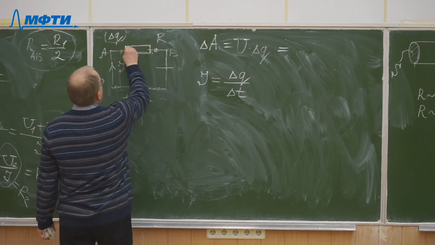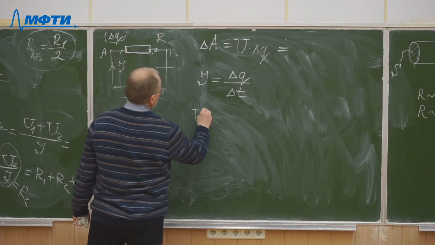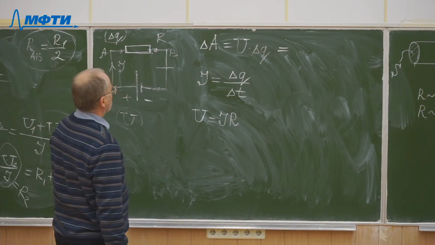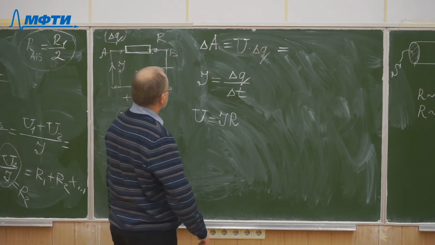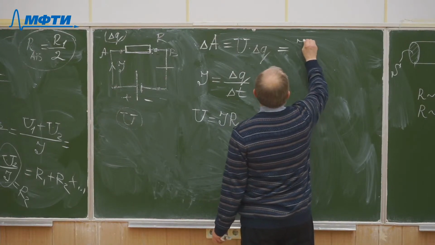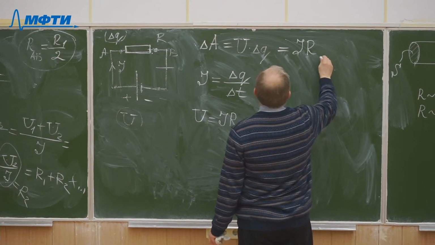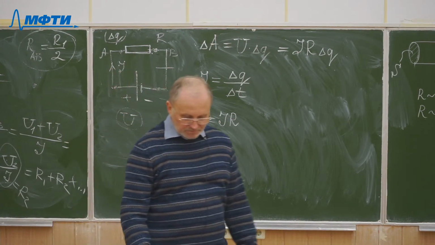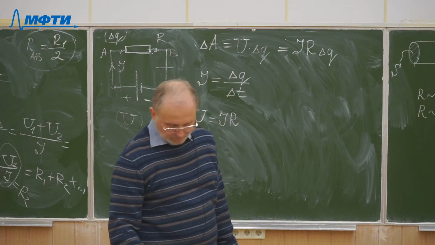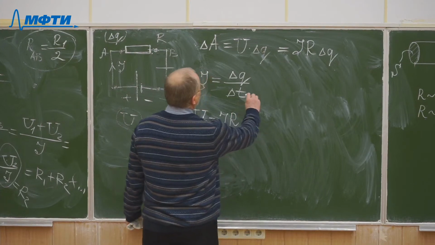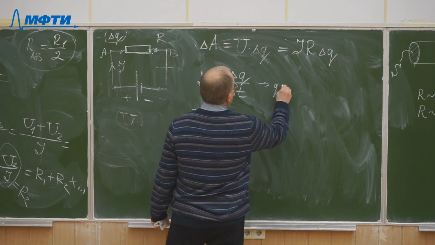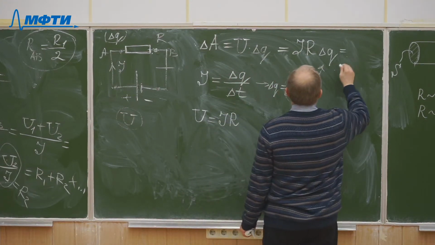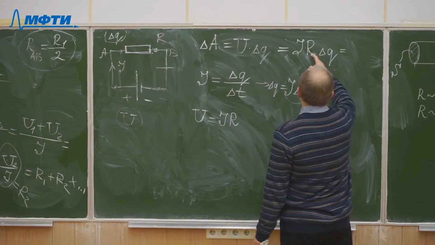And due to Ohm's law, the potential difference here between points A and B is equal to the current times the resistance R. And so here we may put it like current times resistance R times delta Q, and also if we express delta Q from here, delta Q will be equal to current times delta t, and then we may use this formula here and we obtain current times R multiplied by current.